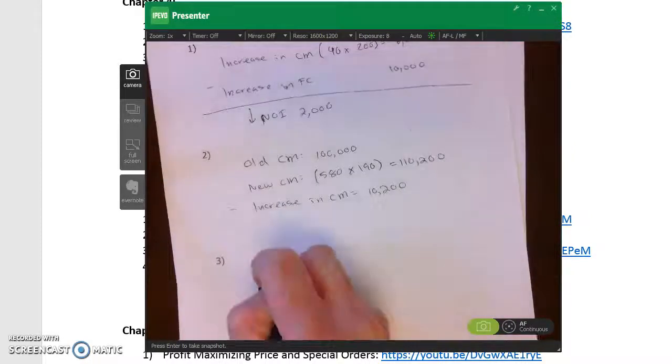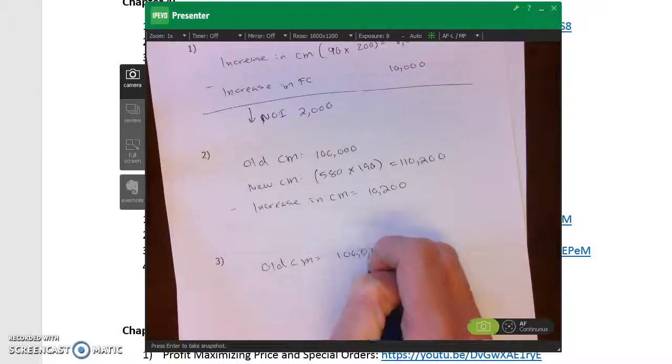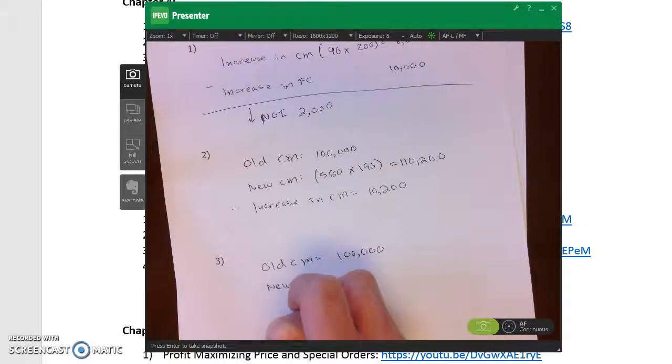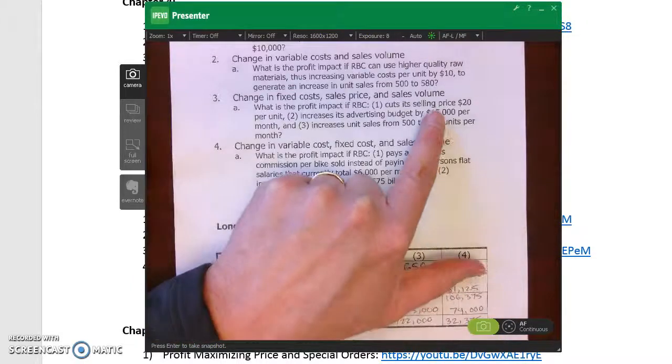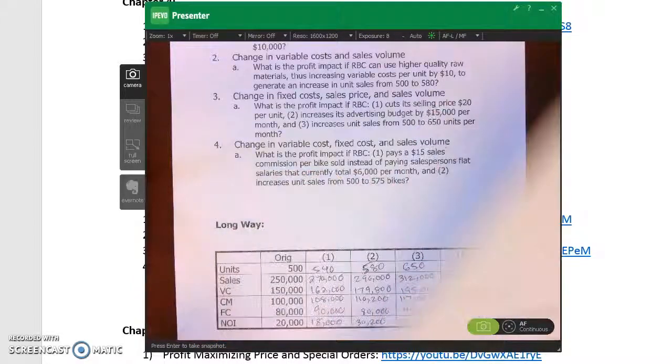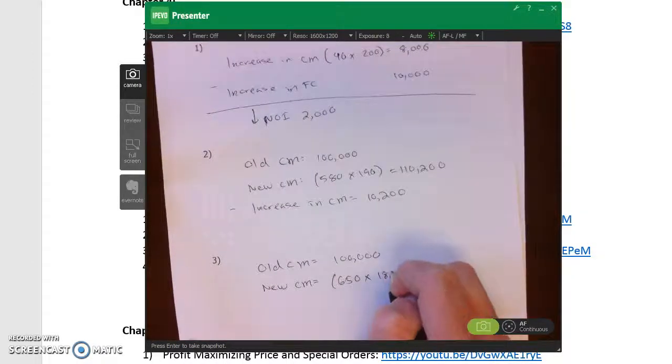We're going to say our old CM equals $100,000, and I can say my new CM is going to be equal to my 650 units times, and if you look over here, we decrease our selling price by $20, so that means my new CM per unit is now $180.